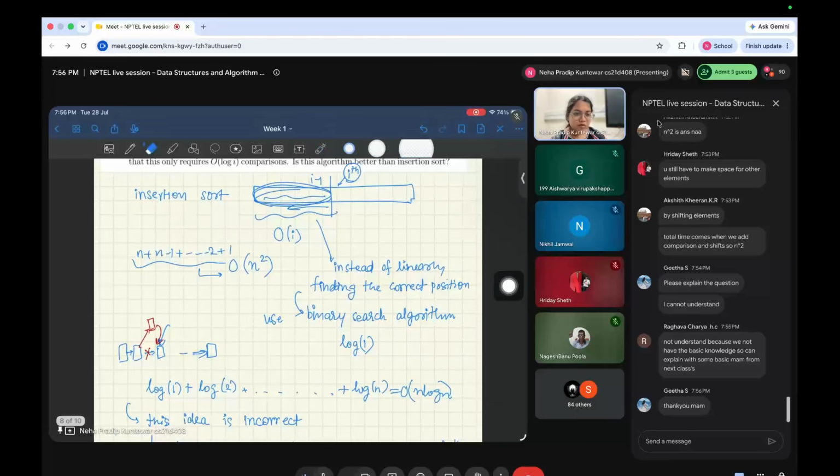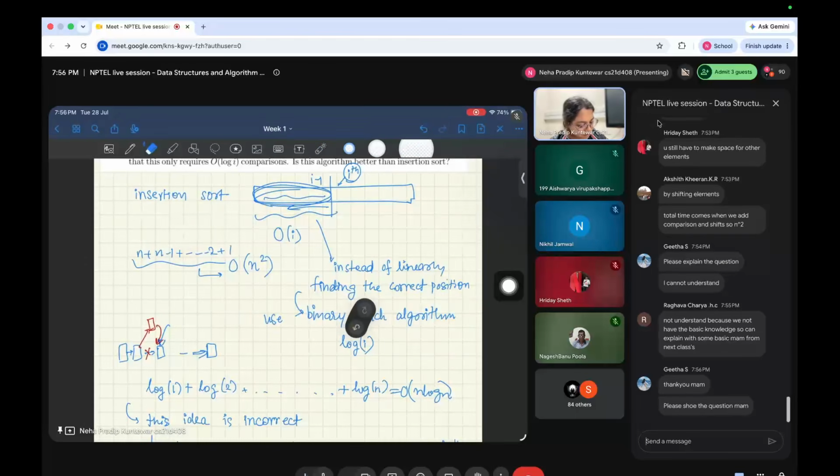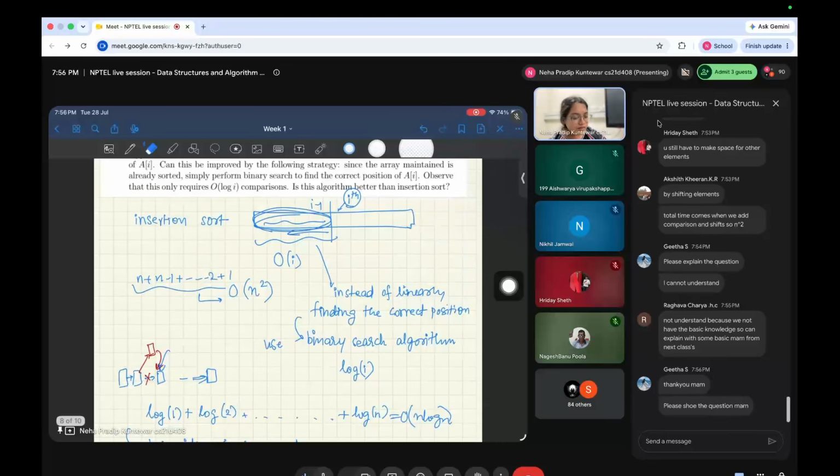But the problem, as some of you pointed out, is that this may not work, because you don't just have to find the correct position, you actually have to place it there and then make sure that the entire array up to I elements is sorted. Because the data structure you're using is an array, you'll have to do it one at a time. So in the worst case, you will need order I amount of time per element. So the analysis gives you order n square.